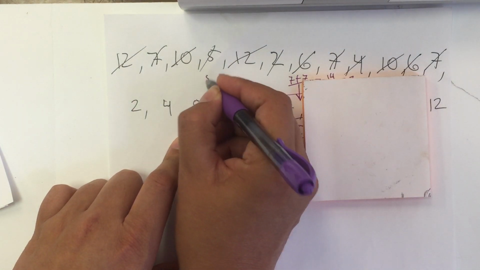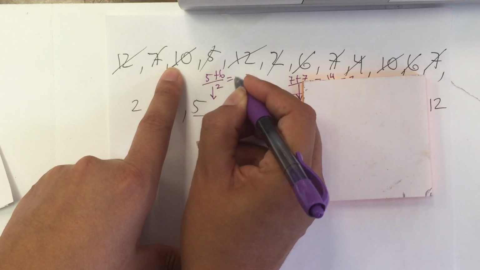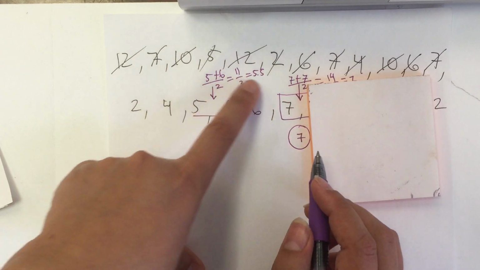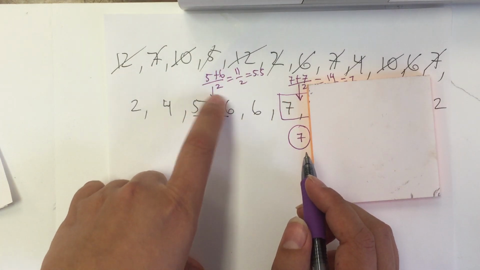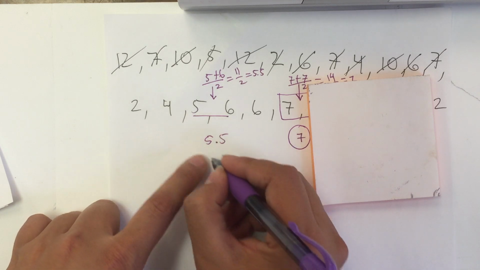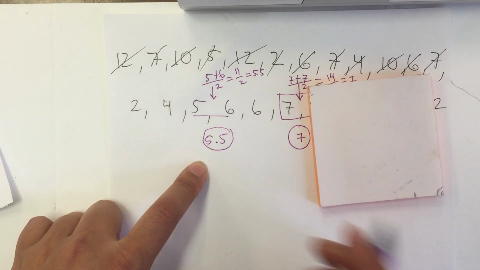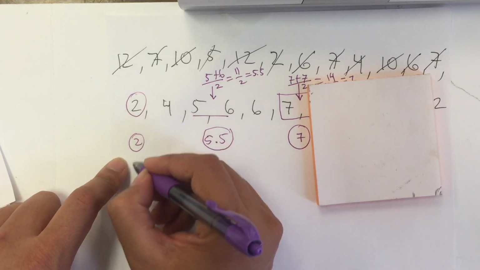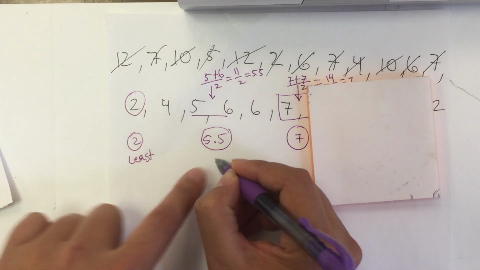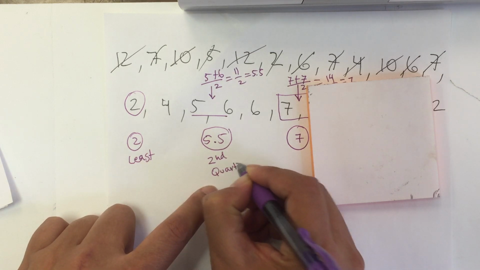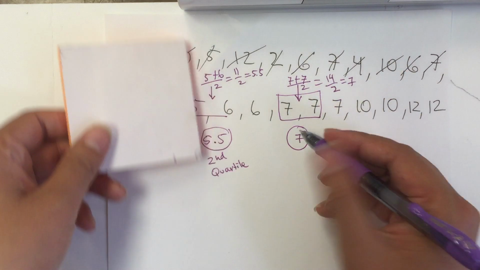I add 5 plus 6 divided by 2, which is 11 divided by 2, which equals 5.5. So it's 5.5 for my second quartile. And I have, of course, my least, second quartile, my median.